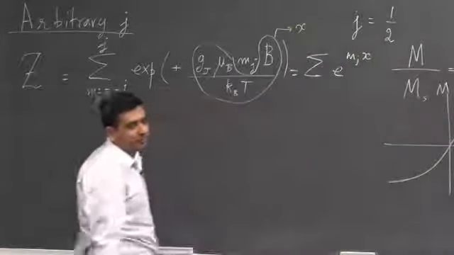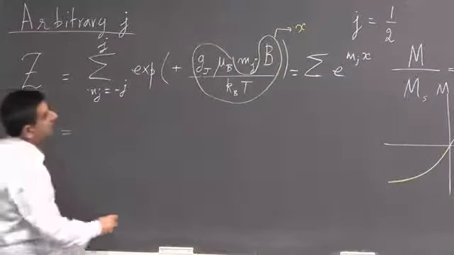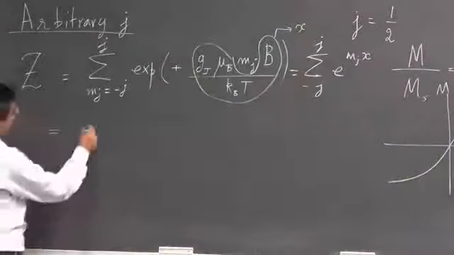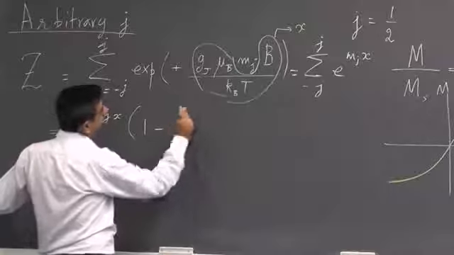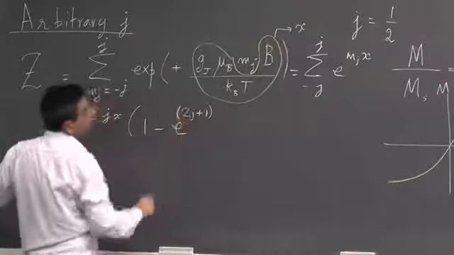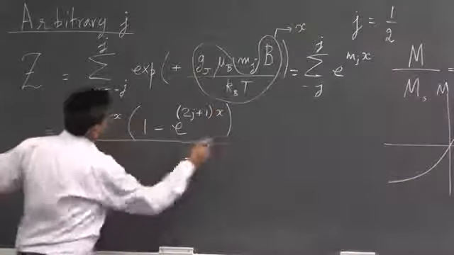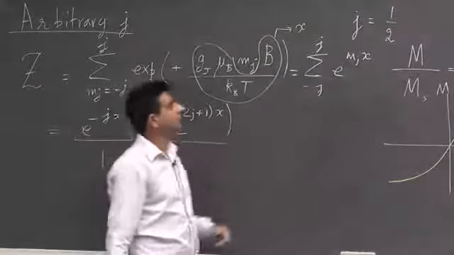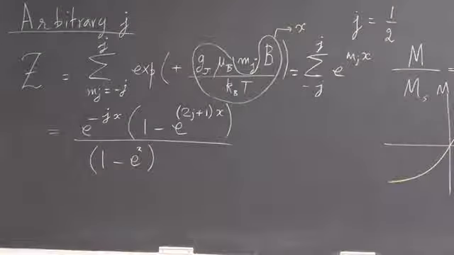So it's a finite geometric progression, and this turns out to be equal to, the lowest value is minus J, the topmost value is J, so e raised to power minus Jx times 1 minus e raised to power (2J plus 1)x, divided by 1 minus e raised to power x. There are 2J plus 1 terms. This is simply the partition function.